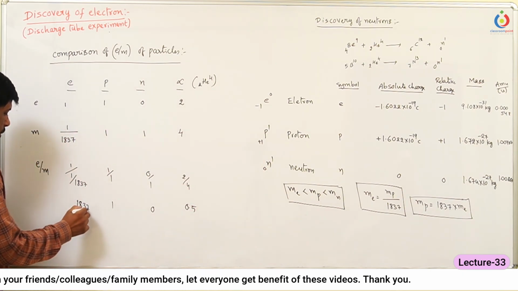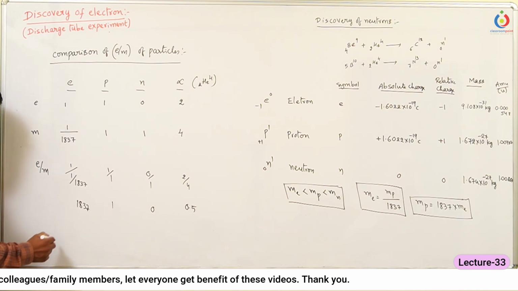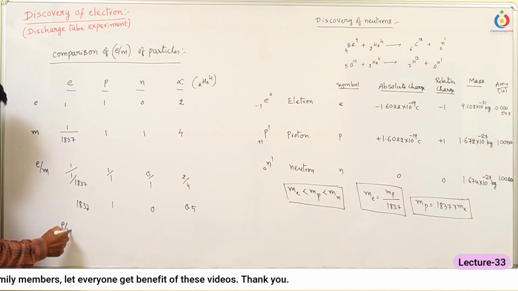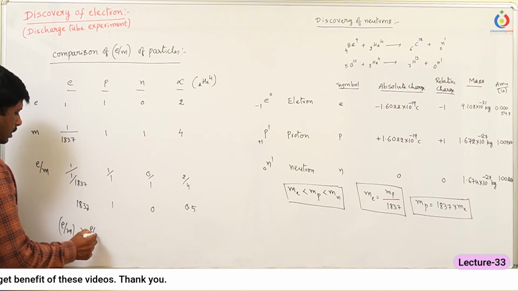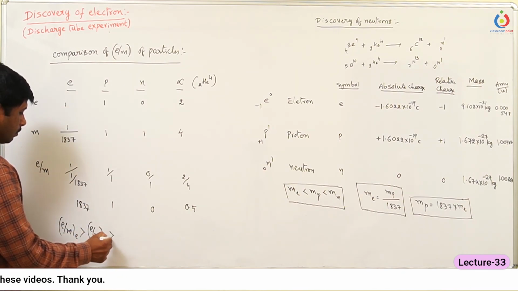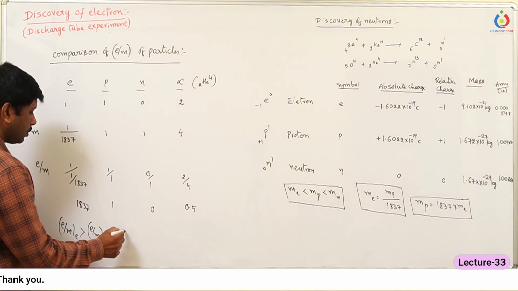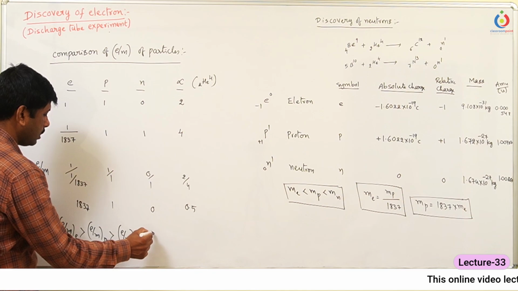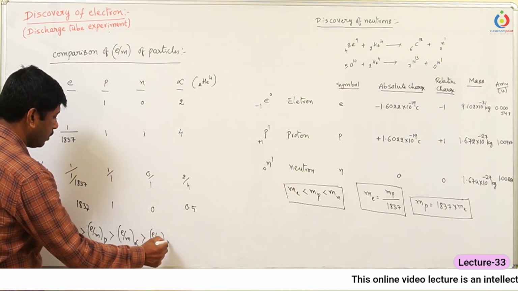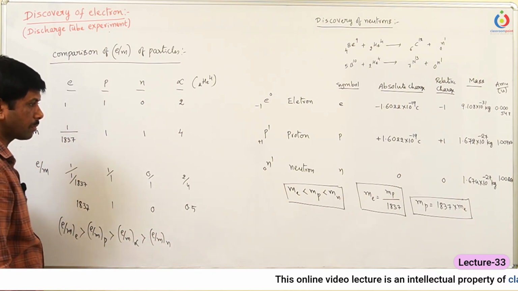Then the charge to mass ratio of which particle is the highest? Electron. So the charge to mass ratio of the electron is greater than that of the proton, greater than that of the alpha particle, greater than that of the neutron, which is 0.